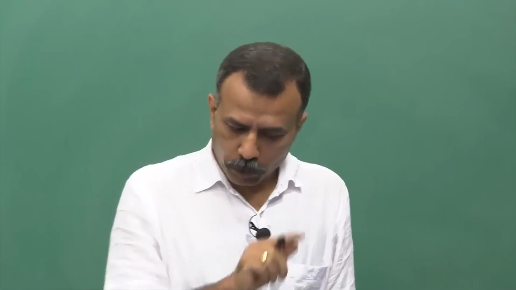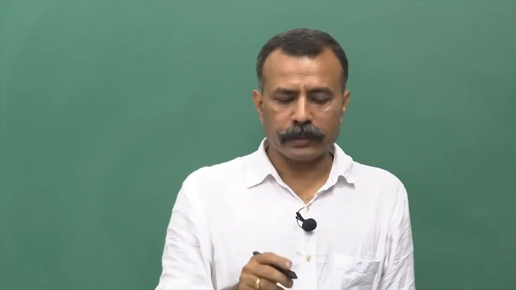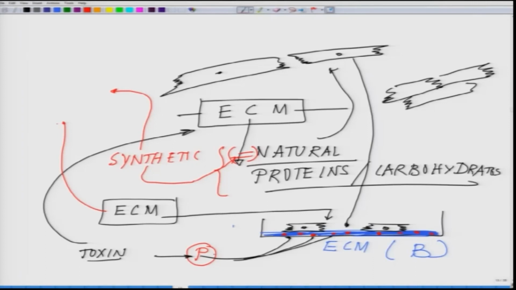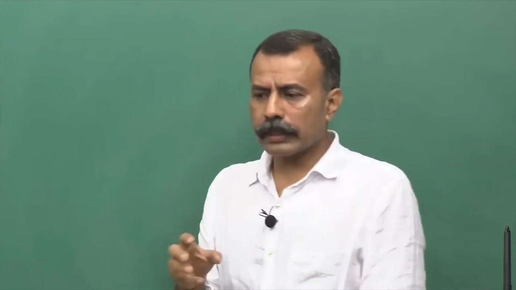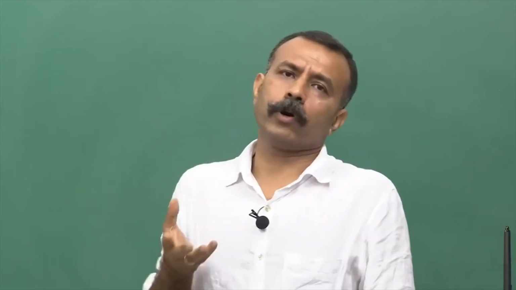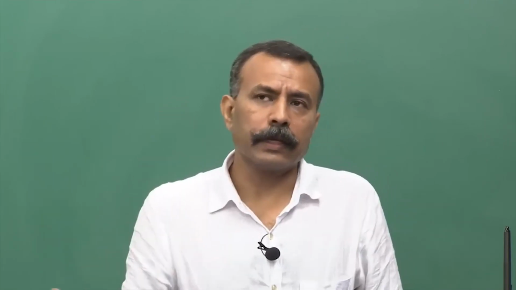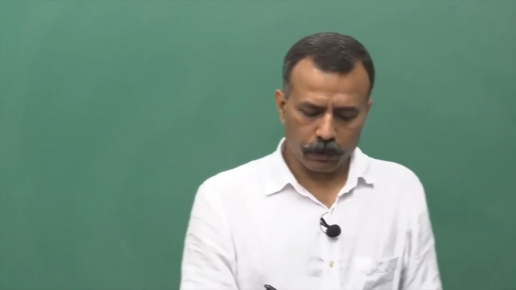Because I told you there is another very interesting thing related to this extracellular matrix protein. That is, coming back to this picture, when you talk about carcinomas or cancer cells, what really are cancer cells? Cancer cells originate from your own body. Say, for example, we talk about a colony. Okay, let me draw something.